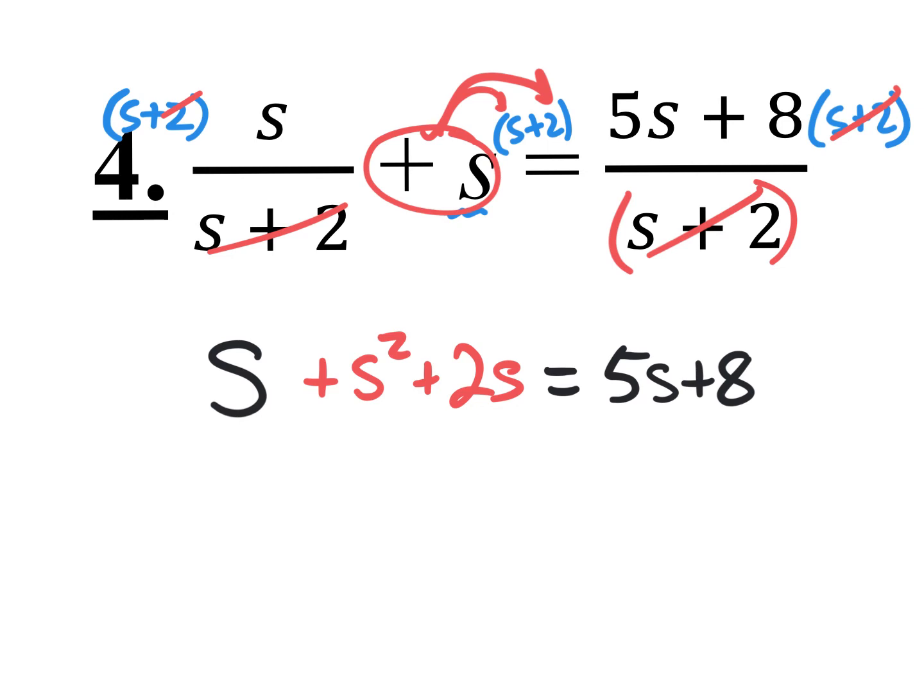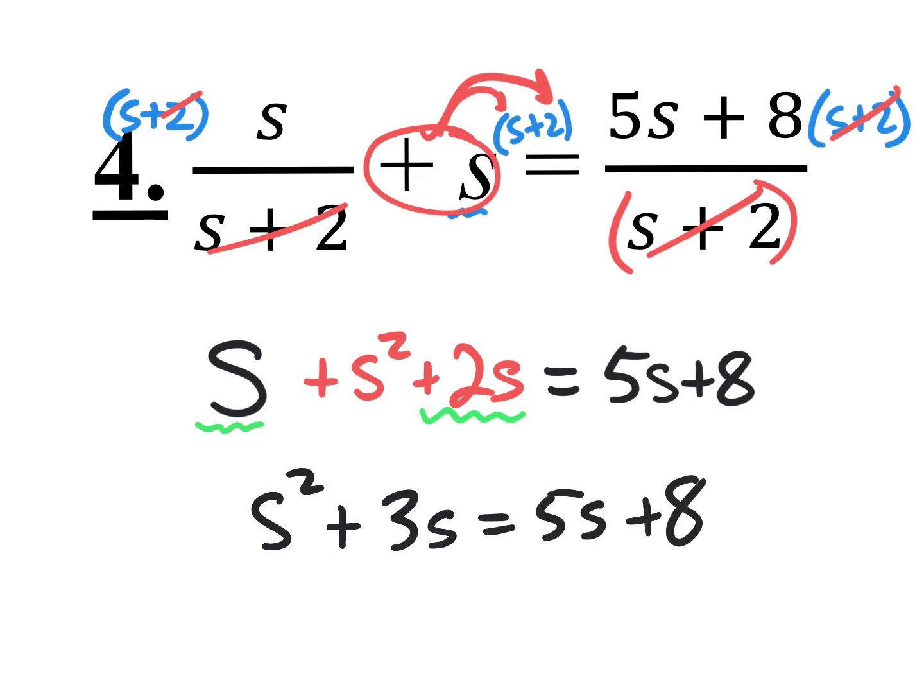Oh, wait a minute. Before subtracting 5s, I'm sorry. I just saw the left side. We could actually make this nicer by combining like terms. So this s and that 2s, that'll give us 3 s's, right? So we will have s squared plus 3 s's equals 5s plus 8. Okay, so now we're ready to move that 5 over.